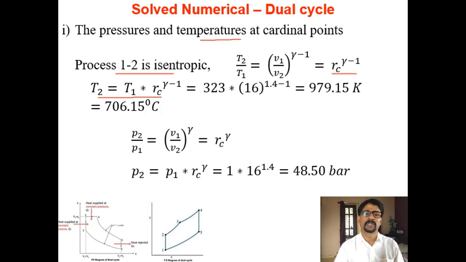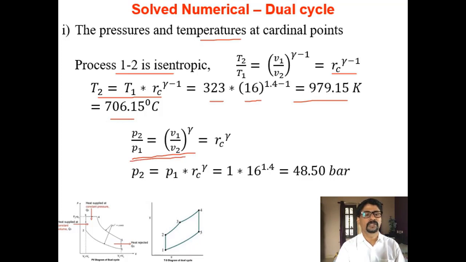So T2 by T1 is equal to V1 by V2 to the power gamma minus 1, whereas in the case of pressure, P2 by P1 is equal to V1 by V2 to the power gamma, only power gamma. That's the difference. So substitute for T1, RC and gamma, and you'll get the temperature at point 2, that is at the end of the compression process, as 979.15 Kelvin or 706.15 degrees Celsius.